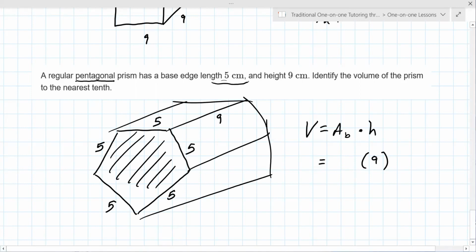You're going to enter the base, and it'll give you some number, but then you have to multiply that by 9. And what do you want, the side? I want the area. You want the area, okay. 43.0. Okay, that's fine, but that's not the final answer. I really want the volume. The volume is the area of that base times the height.